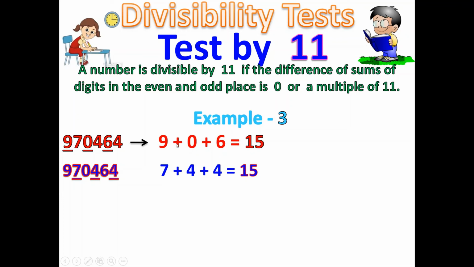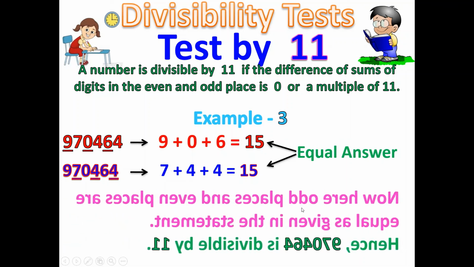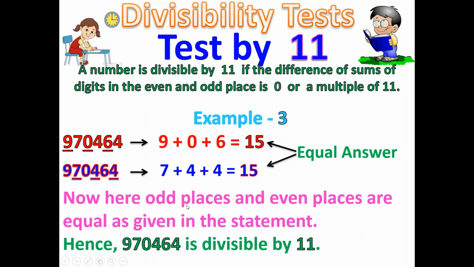We add one leaving number and one leaving number, that is 0 plus 9 plus 0 plus 6 is equal to 15, and the remaining numbers also we add, that is 7 plus 4 plus 4 is equal to 15. Now there are equal answers. Here odd place and even place are equal as given in the statement. Hence 9,70,464 is divisible by 11.